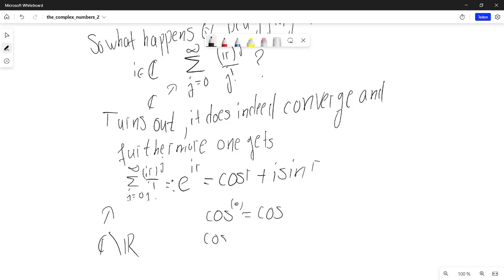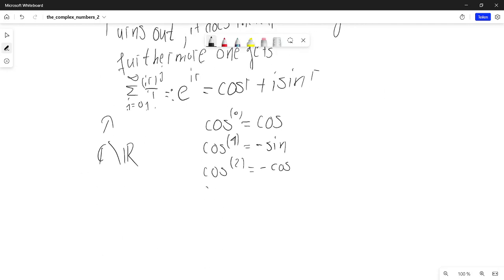Cosine, I mean that's the first derivative, equals minus sine. Cosine second derivative is correspondingly minus cosine, third derivative is sine, cosine fourth derivative is cosine, right?